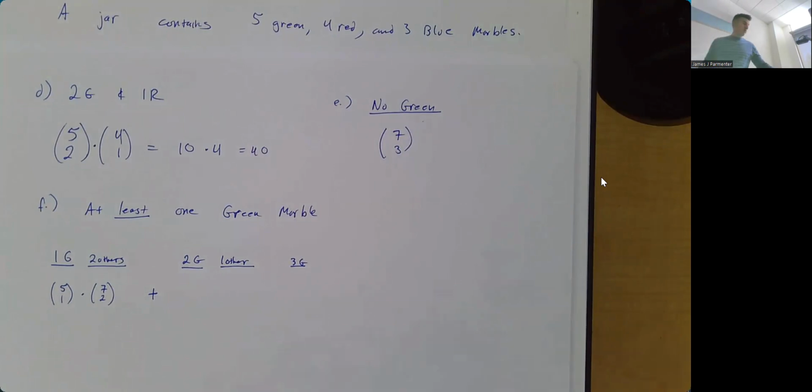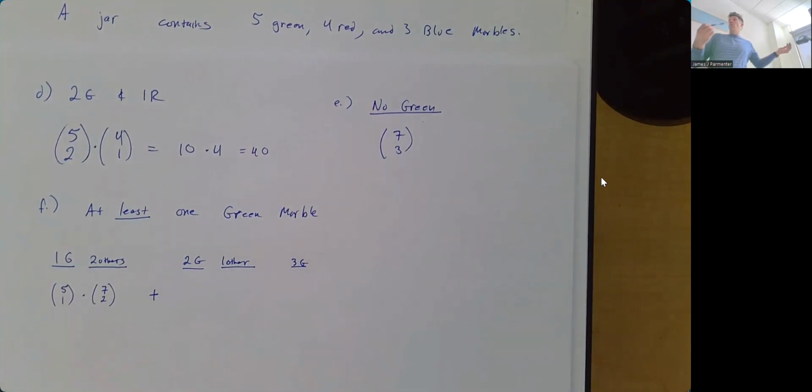If I want 1 green marble and 2 others, or 2 green marbles and 1 other, or 3 green marbles, then I'm adding those things together, because we add them to this or that or that. And there's not like a better way of saying it, I think. It's just that the words make it make sense, I think.